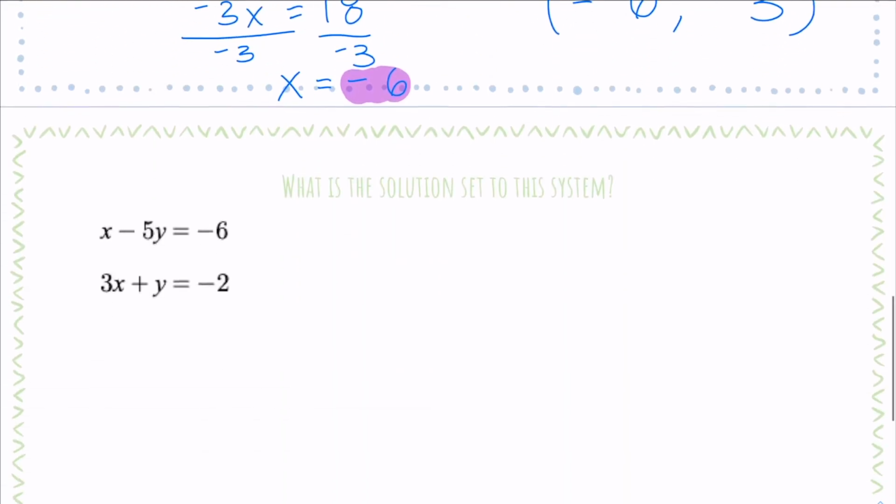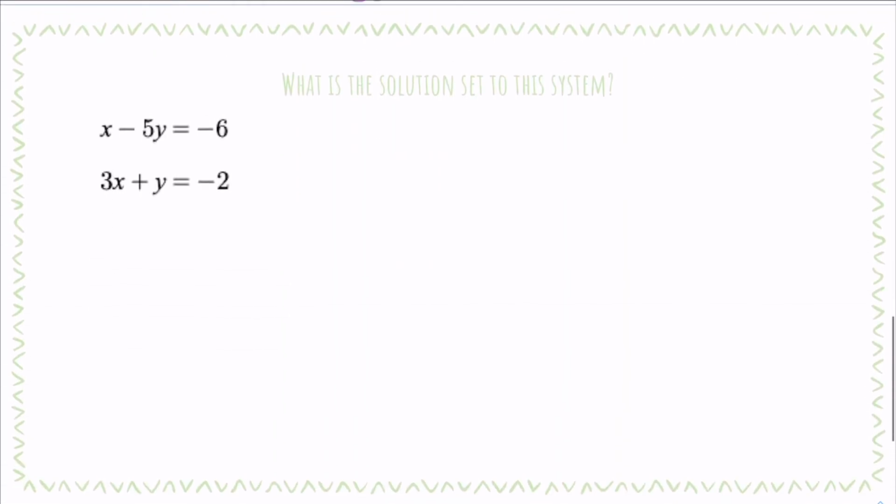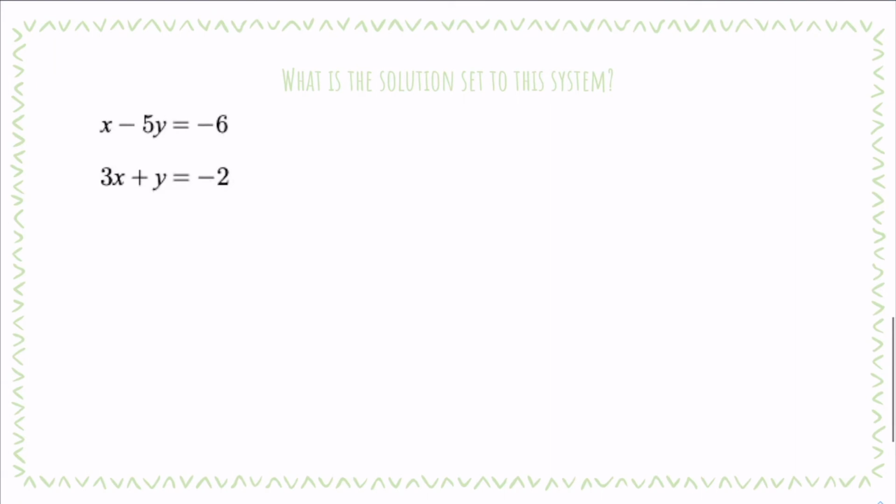Now I want you to try this next one on your own. Okay, so we look at our system and we don't see additive inverses, right?